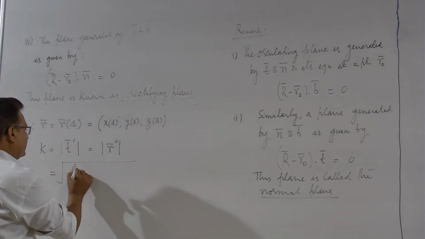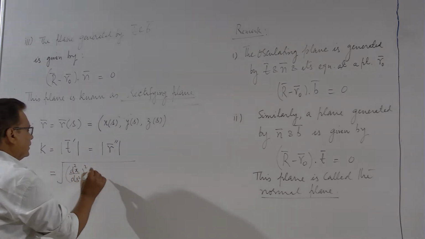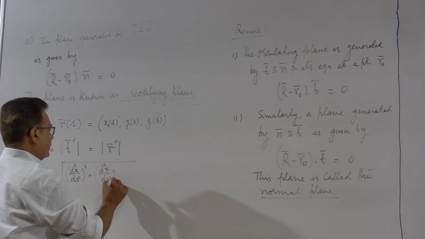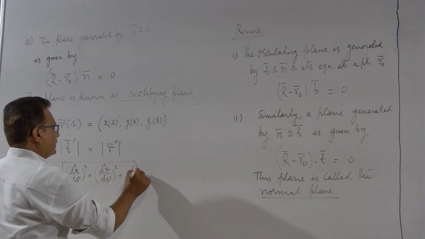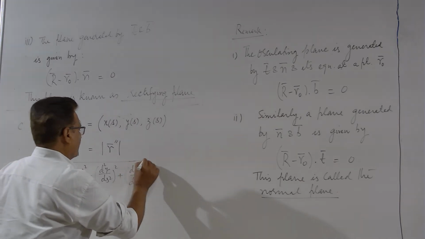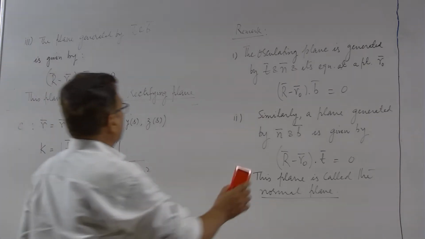So, the curvature is the square root of second order derivative of x with respect to s whole square plus d 2 y upon d s square whole square plus d 2 z upon d s square whole square. So, straight away you can compute the curvature of a curve at a point by computing the derivatives of the components. Okay. Now, let us start about the torsion.